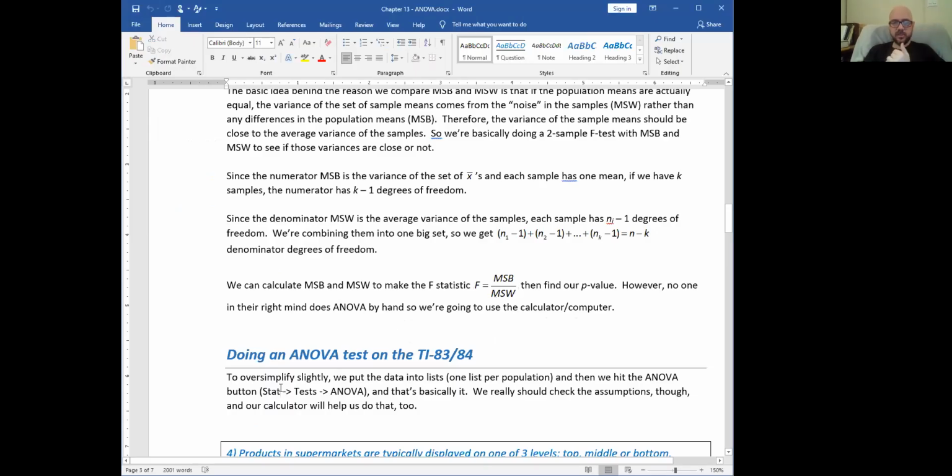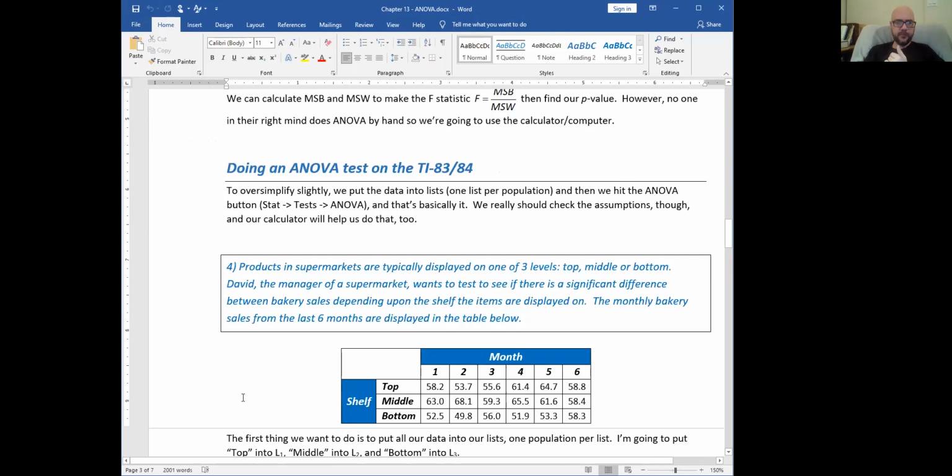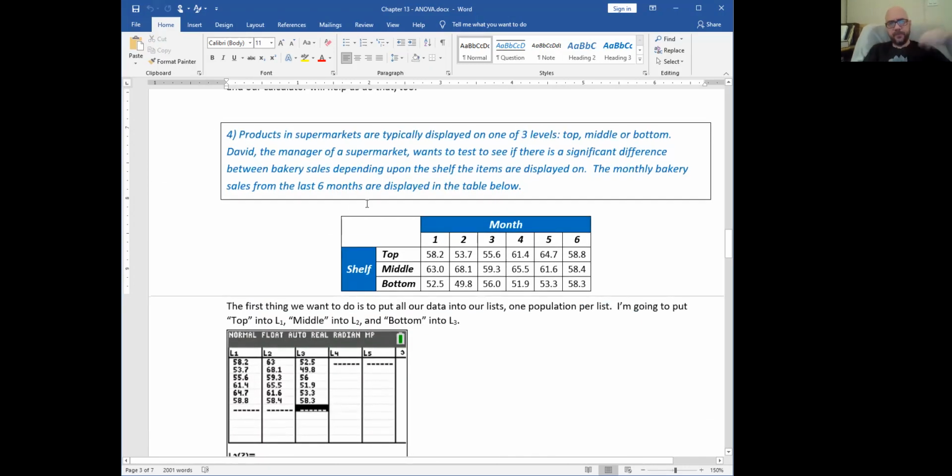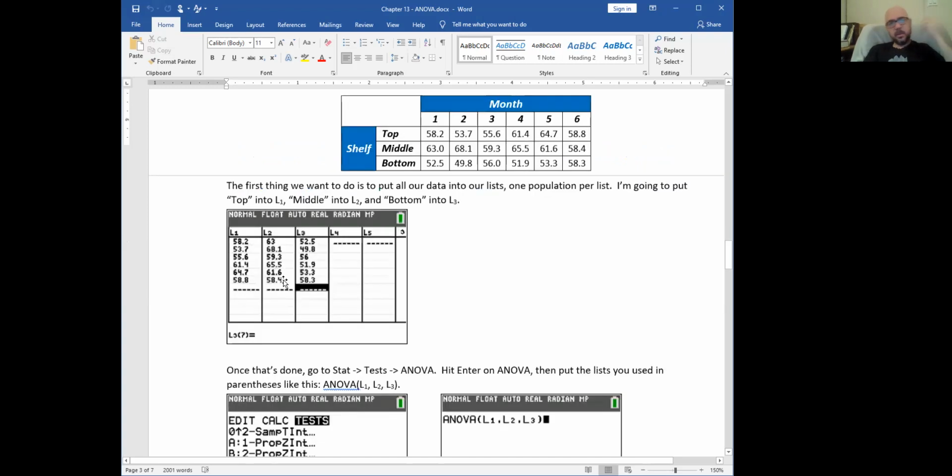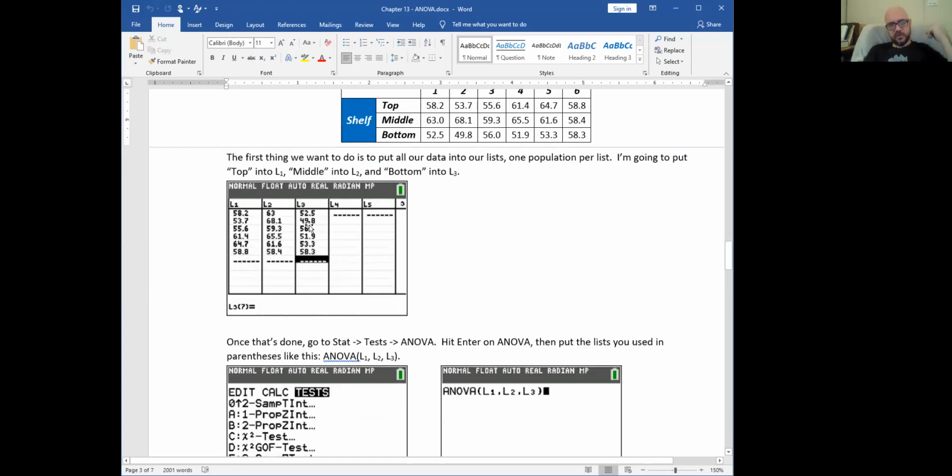All right, so here's where we're at. Products in this supermarket are displayed on one of 3 levels. We're going to test to see if the sales are different depending on the level they're on. That's what we've done. We put all our data in.